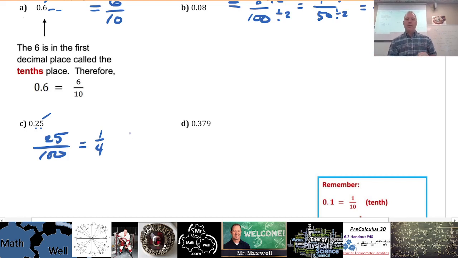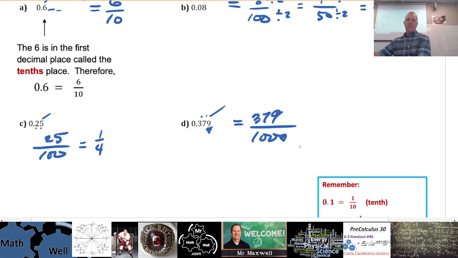What about this next one? 0.379. What fraction would that be? Okay, so we can write this number 379, and then I look at the last place here that the numbers occupy. That is the thousandths spot. So you'd write that as over 1,000.